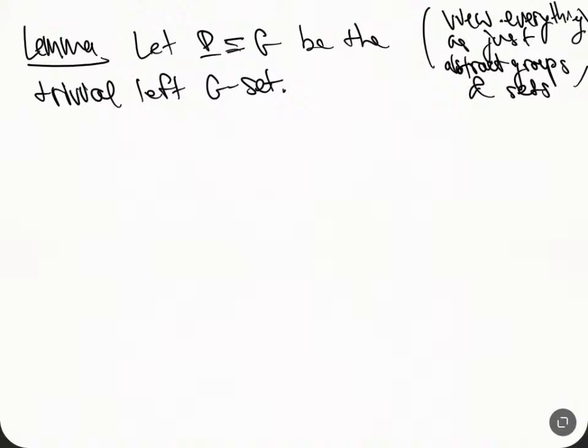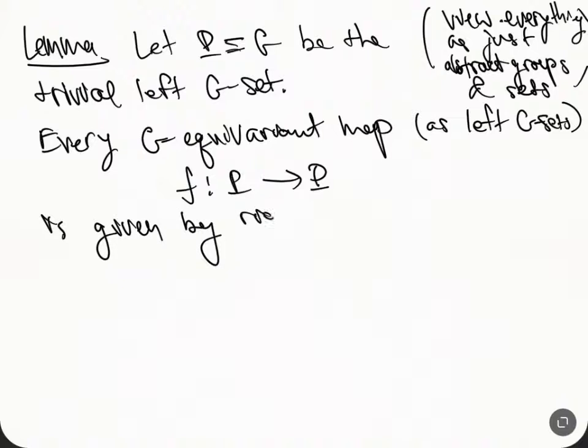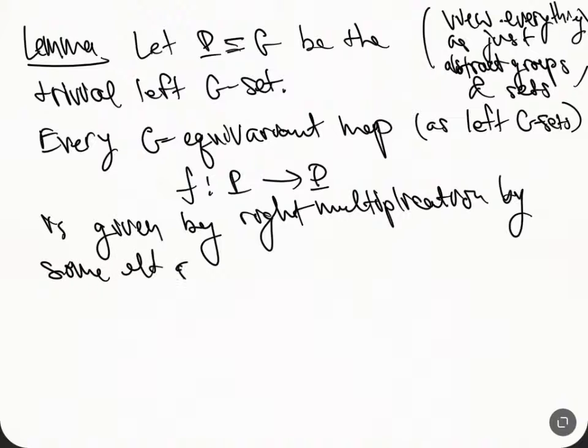Then the claim is that every G equivariant map F from P to P, so any automorphism of G sets, as left G sets, is given by right multiplication by some element of G. One second.